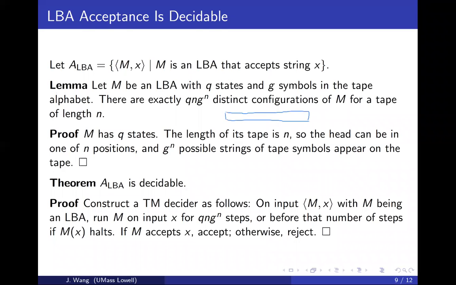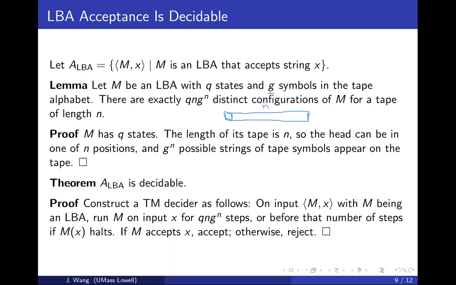This is the boundary, and the Turing machine M does not move outside of this range. If it wants to, it will just remain at one of the ends. So how many different configurations could we have? Remember, g is the number of symbols, so in every cell we could have one of these symbols.